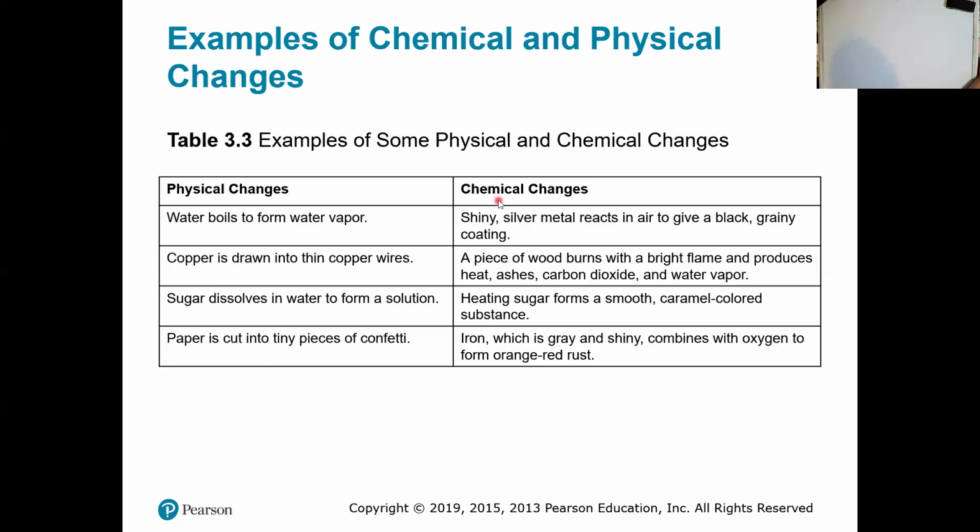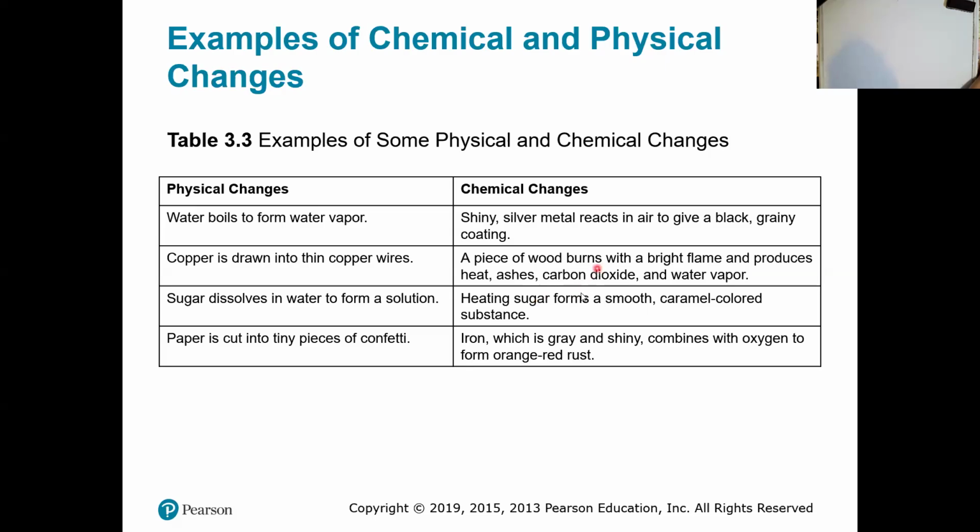For our chemical changes, we have things like shiny silver metal reacting with air that gives a black grainy coating. This is called tarnishing. Silver tarnishes because it chemically reacts with the oxygen in air, and that coating is the result of a chemical reaction. When you have a piece of wood that's burning, it's going to produce heat, ash, carbon dioxide, and water vapor. Anytime that you burn something or heat something to a high degree, you're causing a chemical reaction.